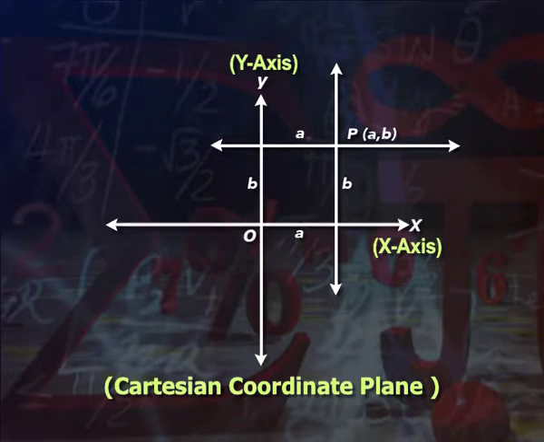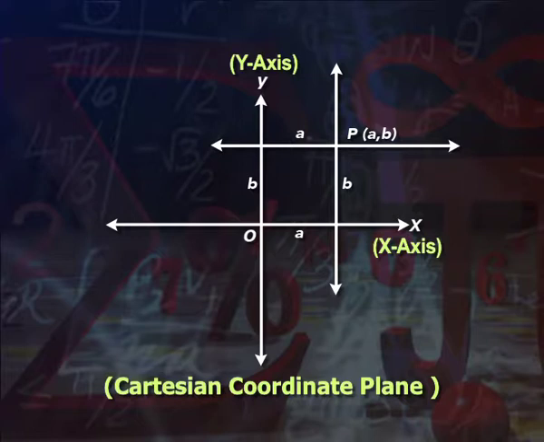Thus, P is at the intersection of two lines which are parallel to coordinate axis, that is, x axis and y axis as shown in the figure.